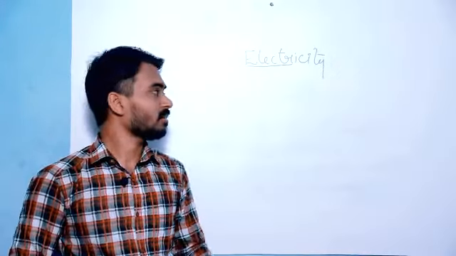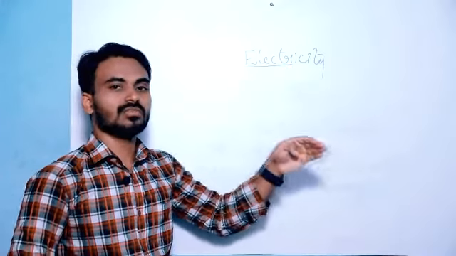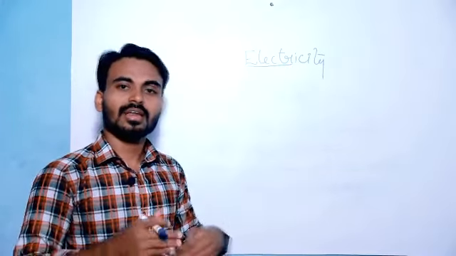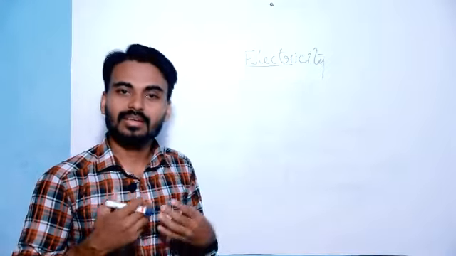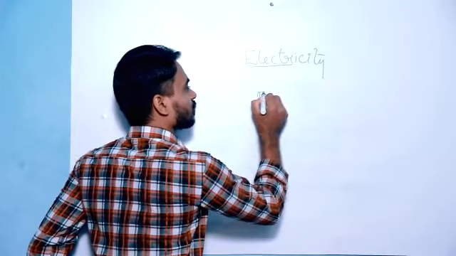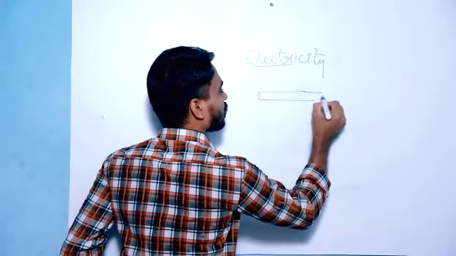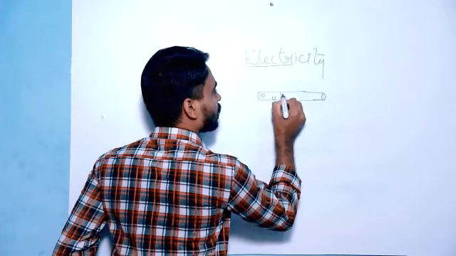Again, we just said what electricity is. Electricity is the flow of electrons. A large number of electrons are flowing through a conductor. Then what is electric current? Let us again consider a conductor. Electrons are flowing through this conductor.